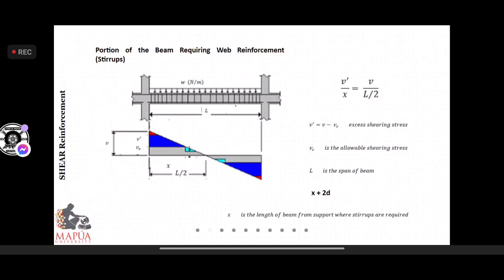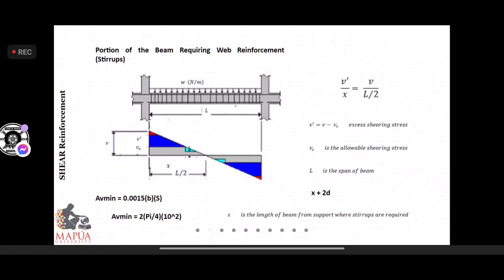Naturally, we consider the area of the column wherein we still provide additional stirrups because of this code policy or recommendation. The minimum area for the shear reinforcement or stirrups is 0.0015 S.